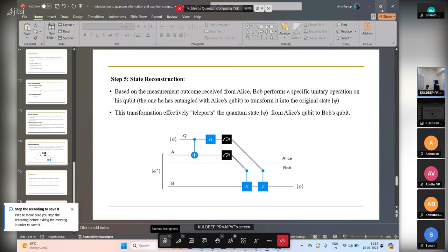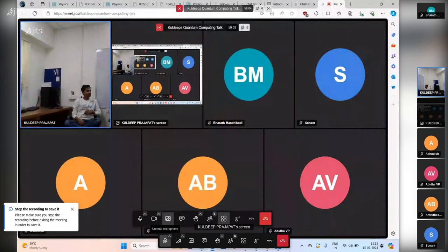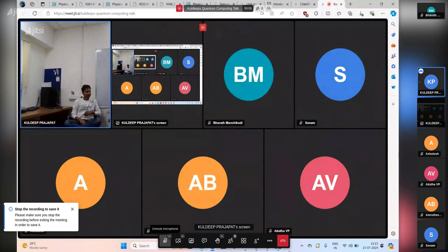So how will Bob see the changes? When Bob does the measurement, is there any limitation with the distance? No, there is no limitation with the distance. So this change in the qubit states happens instantaneously. It doesn't matter whether Bob is on Mars, Andromeda, or the farthest galaxy known to man. It will happen instantly.